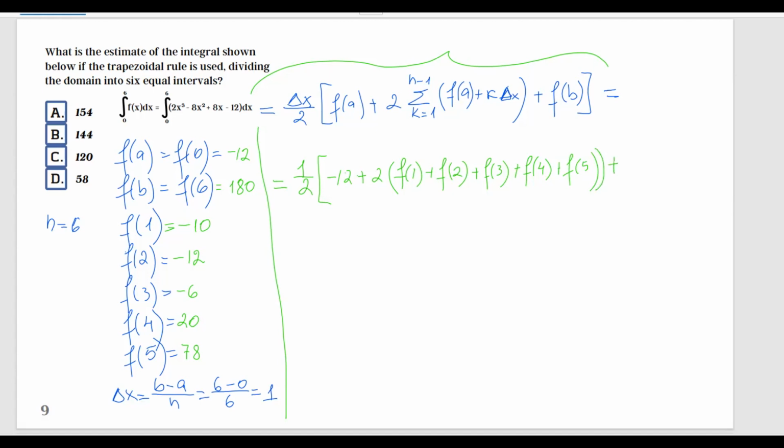And then plus f of 6. And then close the parentheses, and let's substitute with the values we have calculated.